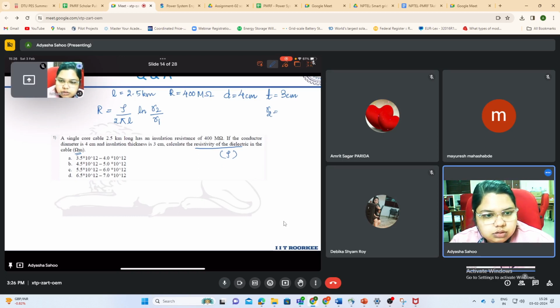R2 will be the conductor radius plus the insulation thickness, right? So what will be R2 here?